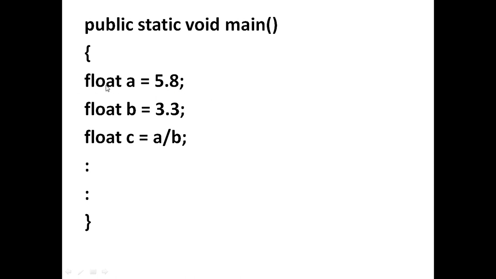In this program float a = 5.8 is an initialization, but float c = a / b is different.